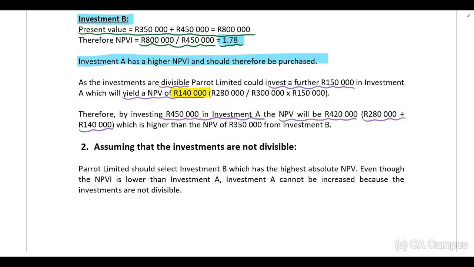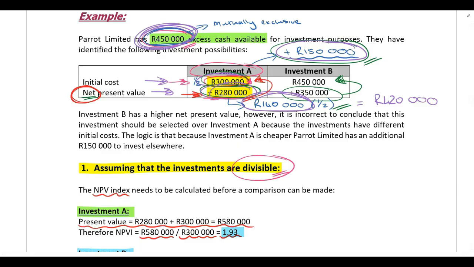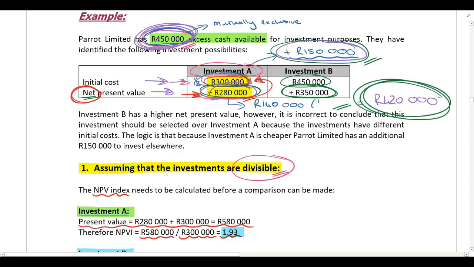And we can then see that this is higher than the net present value of 350,000, which they would make on investment B. Investment B with a cost of 450,000 gives me an NPV of 350,000. However, if I spend 450,000 Rand on investment A, that gives me an NPV of 420,000.